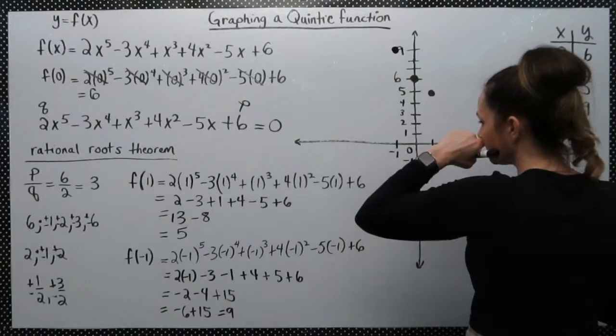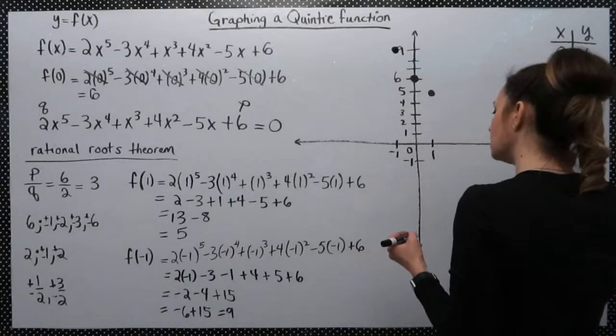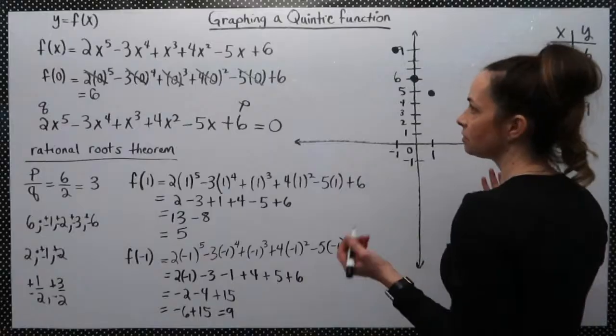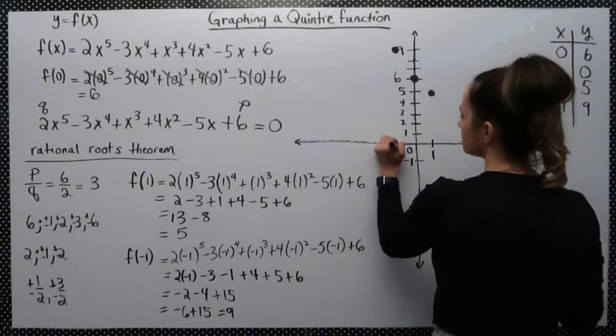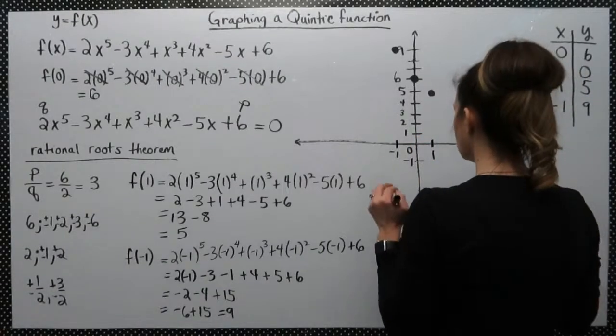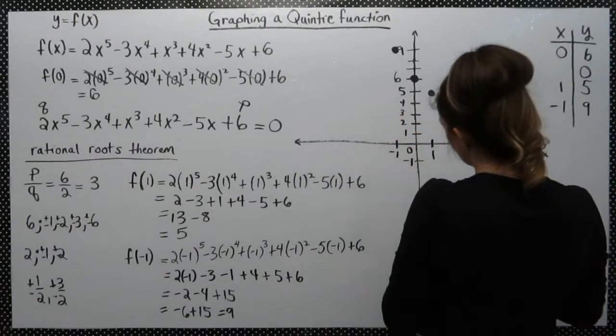And then also, I mentioned the 5th degree polynomial controlling end behavior. So there's also a theorem that says it's just about the end behavior of the function. If it's even, it's going to have symmetry with respect to the y-axis.